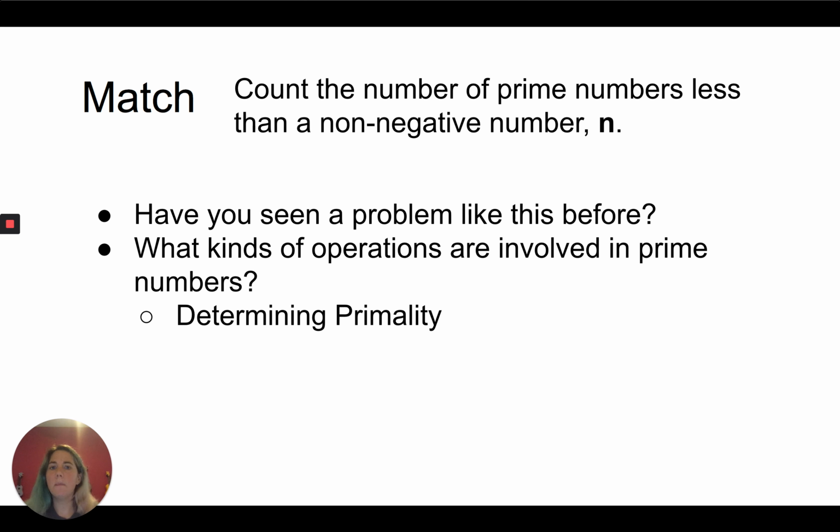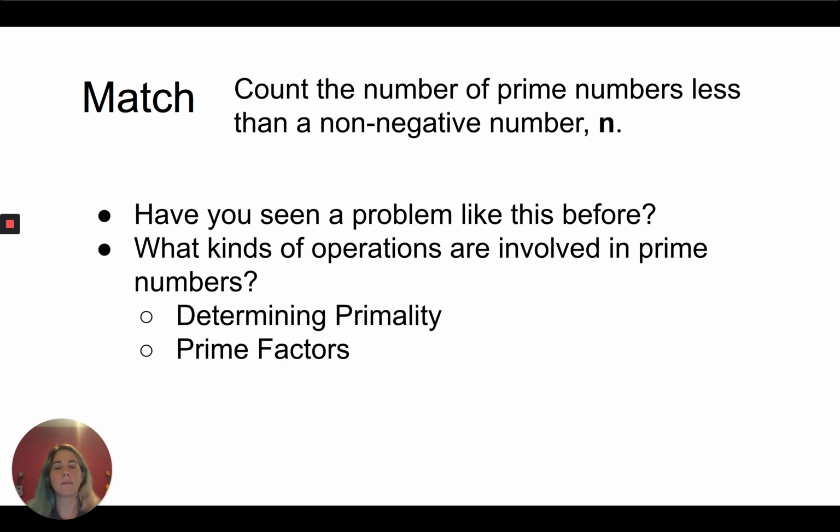Now, if you remember doing this in school, you may remember that you had to do this a lot by hand, out on paper, right? You would write down a number, and then you would manually divide it by 2, by 3, by 4, etc., until you determined that there was no other divisor for this number, and then you could mark it as prime. That's what I remember doing at school, at least.